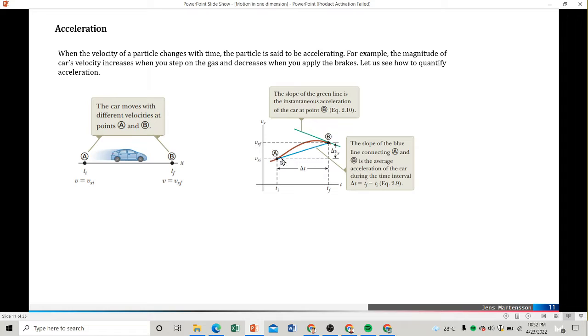We can also get the instantaneous acceleration from A by varying the initial time.